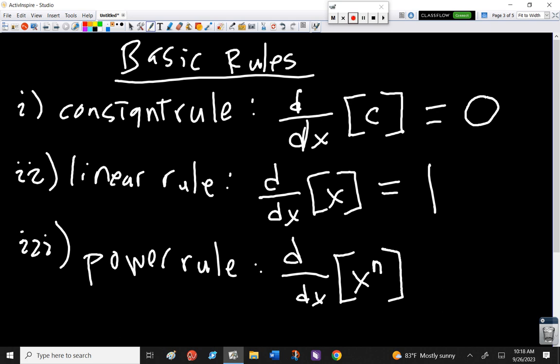So it could be to the power of 7, negative 12, 1/4, 0.5, any decimal, any fraction, any number. If you have x raised to any number, this is simply going to be that power, n, times x to the n minus 1.